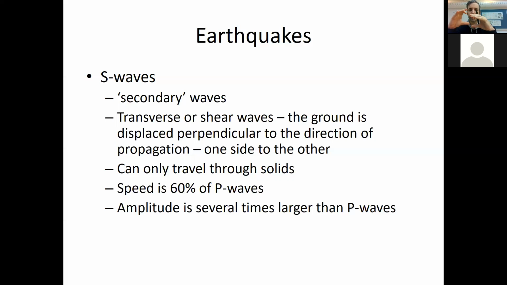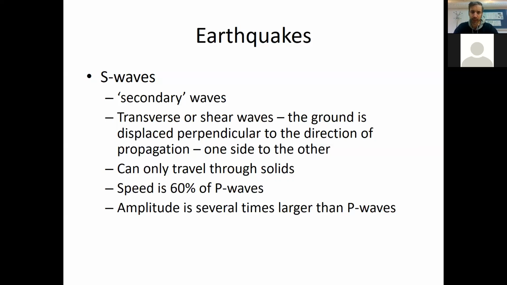But because they have this shear component and materials are normally much less stiff to bending than they are to being compressed, this results in much larger amplitudes. And these are the destructive waves, right?